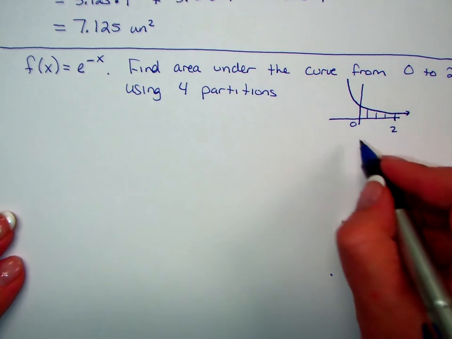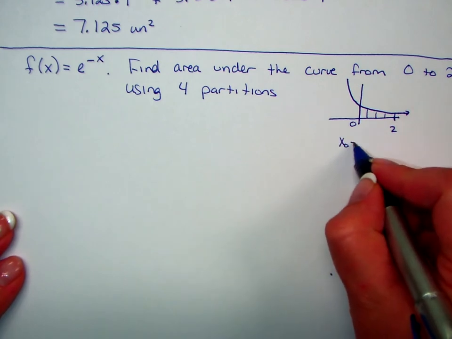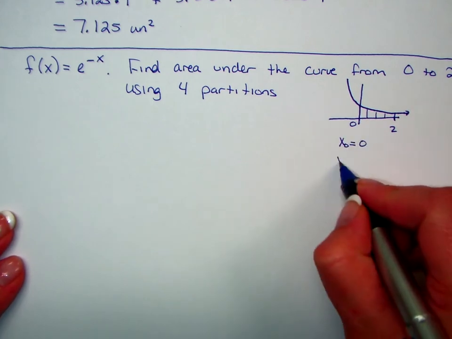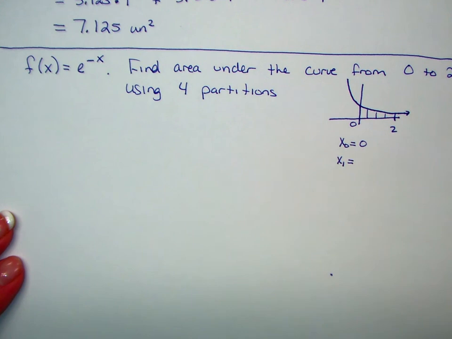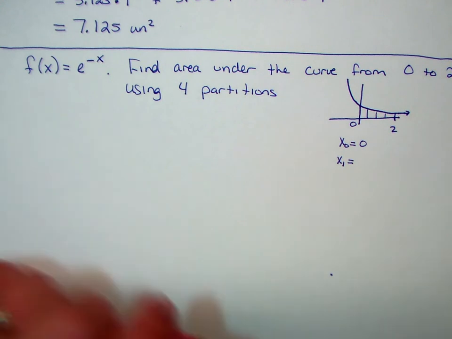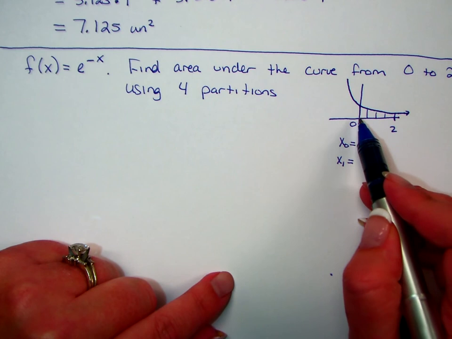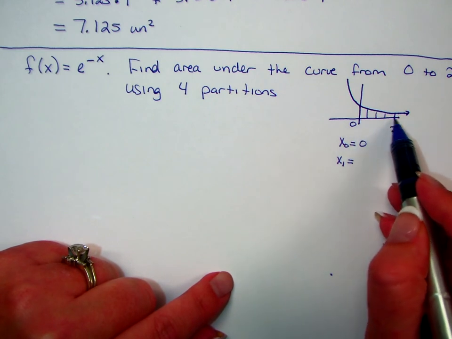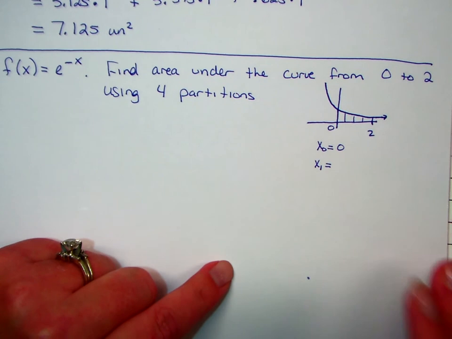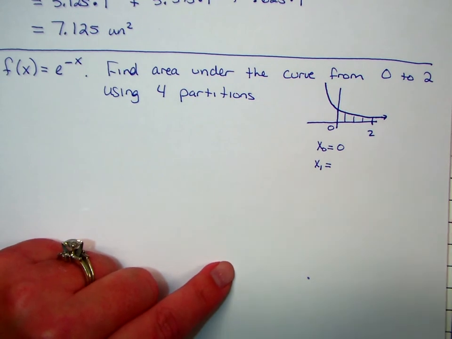All right, so x of 0 is 0. What's x of 1? If we split 2 into 4 partitions, each width is going to be a half, right? 0.5, 1, 1.5, 2. So you kind of find delta x without realizing it.